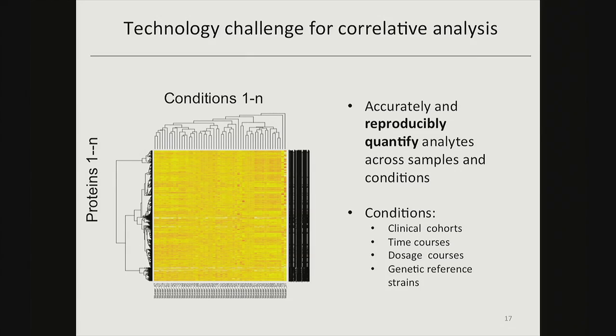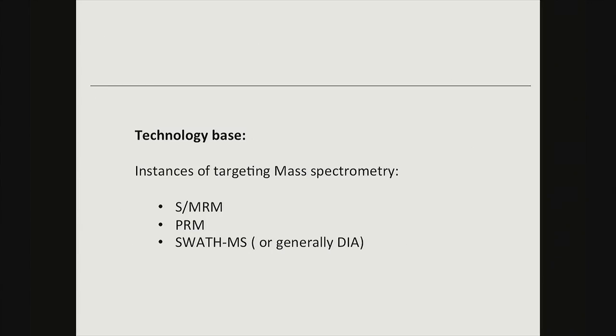And you learned throughout this week that we have various methods to generate such data sets. The methods we learned for proteomics are MRM or SRM, PRM, SWATH, or general DIA.